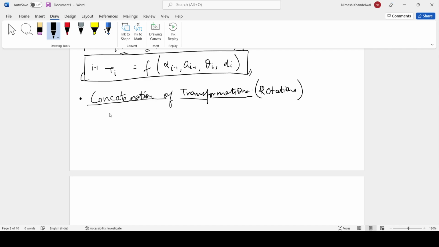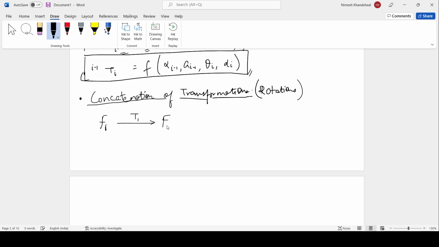So what it essentially says is that if I have some initial frame, let us say I have this Fi, and then I apply transformation T1, then I get, let us say, F1.